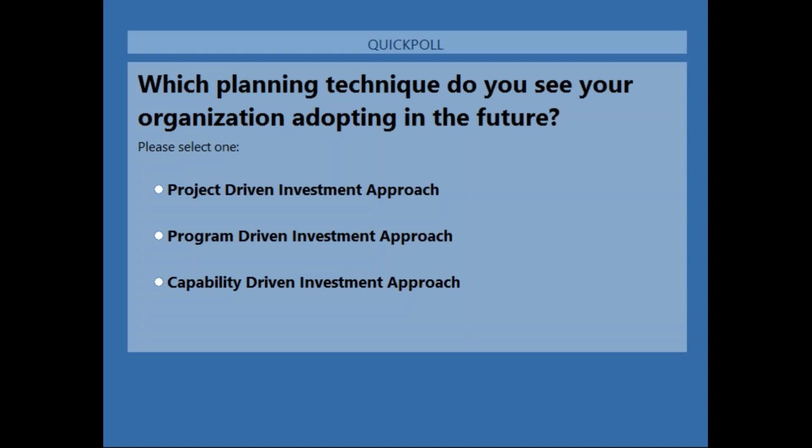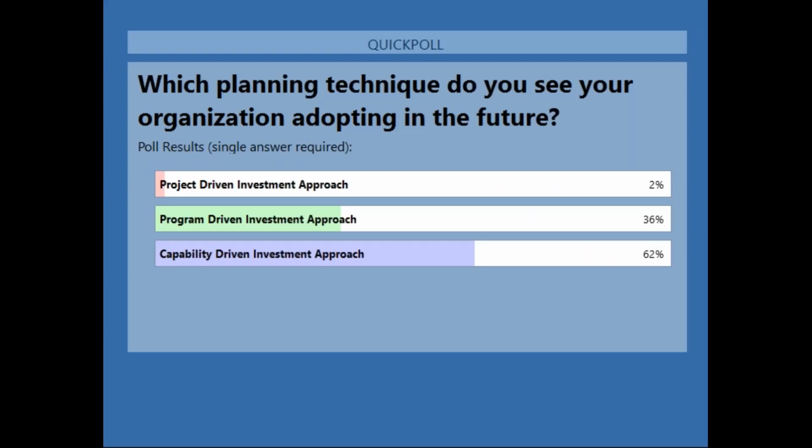Okay, let's close the poll. So when we look to techniques to evolve in the future, we see that maybe the 3% or so are now in the project-driven that had no approach before. 36% now moving to program-driven, and 62%, which is a healthy number, looking to address the capability-driven investment approach.